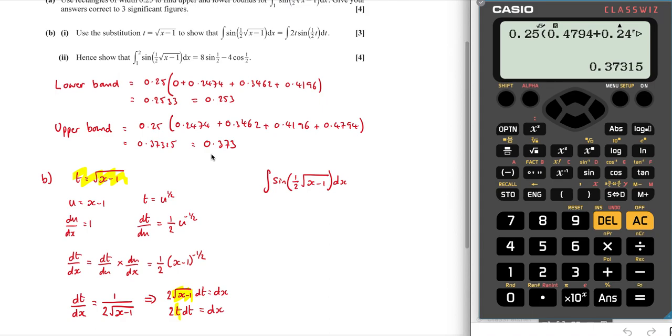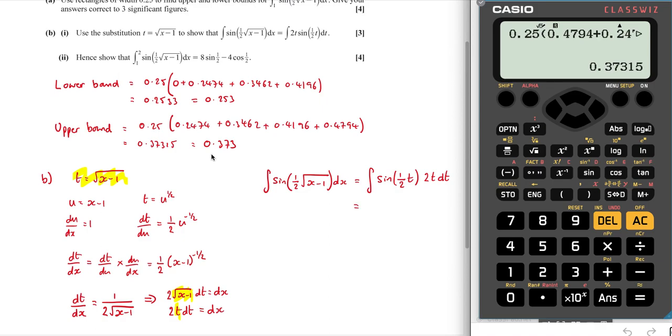So now we've just got a case of substituting everything back in. So this is the integral of sine of a half t, then dx is 2t dt, which is exactly what we wanted.